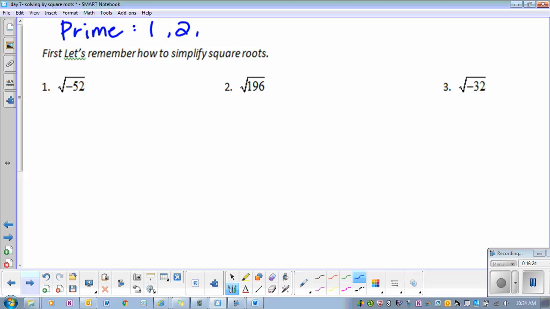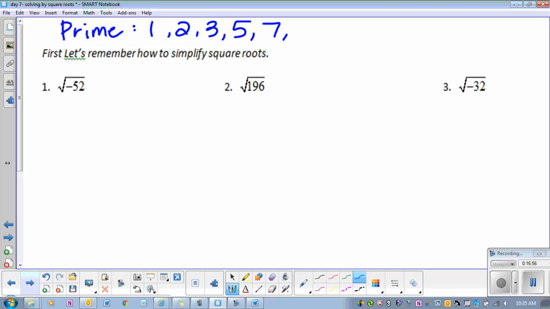How about 3? 3 times 1 is the only way you can get 3, so that's a prime number. How about 4? No, 4 is not a prime number, because you can do 2 times 2. How about 5? Yes, it's prime. 6? No. 7? Yes. 8? No. 9?